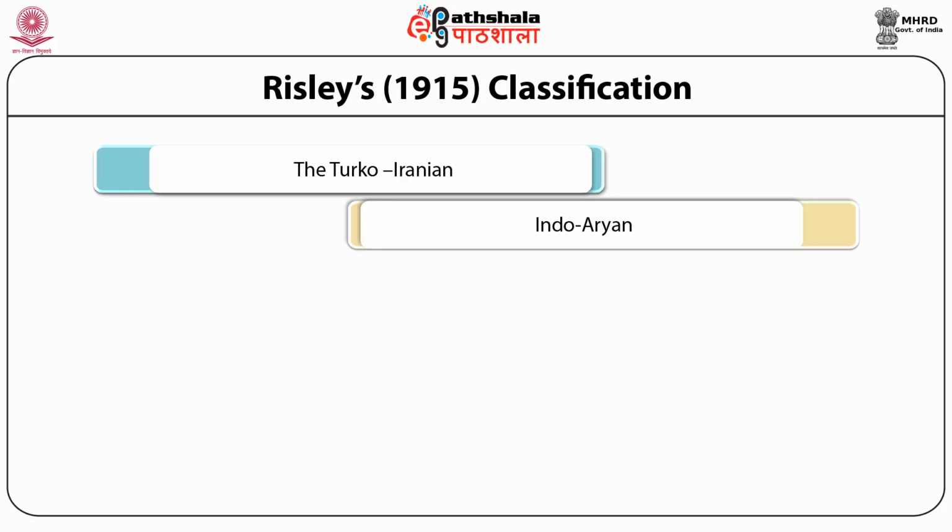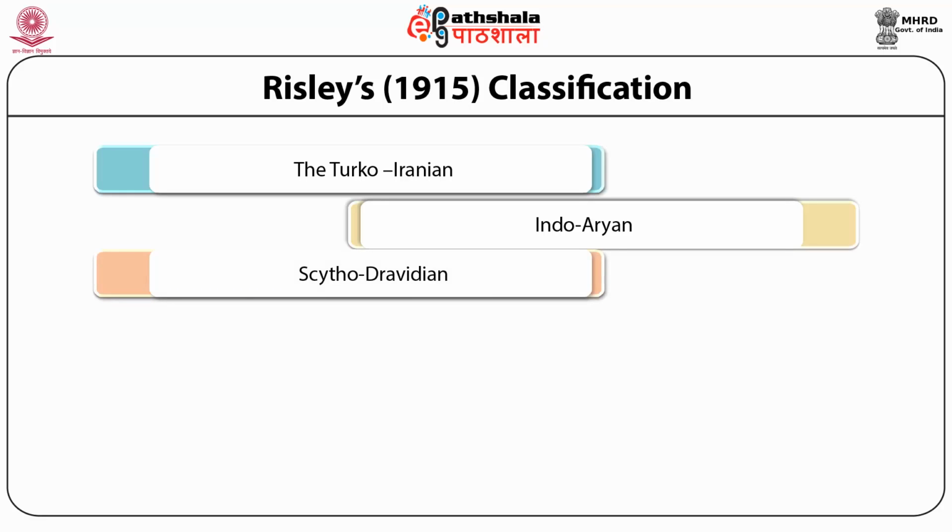The third one is Scytho-Dravidian. They are an admixture of Scythian and Dravidians. Some of the anthropologists hold that the Sarkars belong to the Scythian race, which came to India from Central Asia. They settled in the Sindh province of Pakistan, Gujarat, Maharashtra, Karnataka, Rajasthan and Uttar Pradesh.